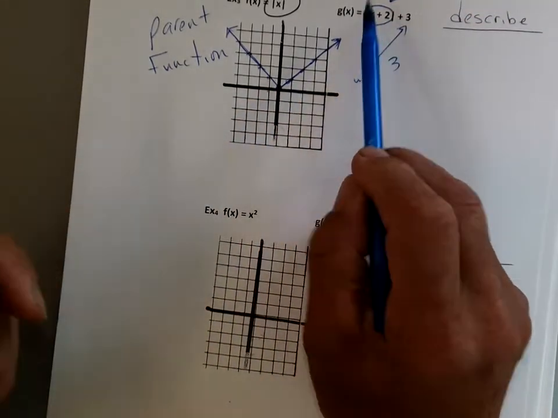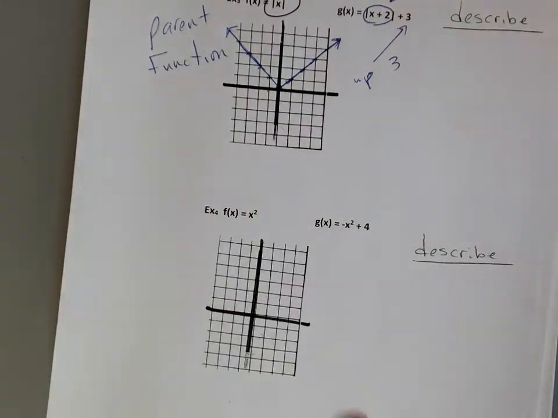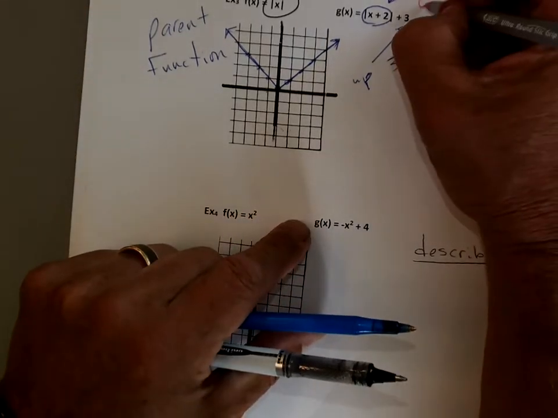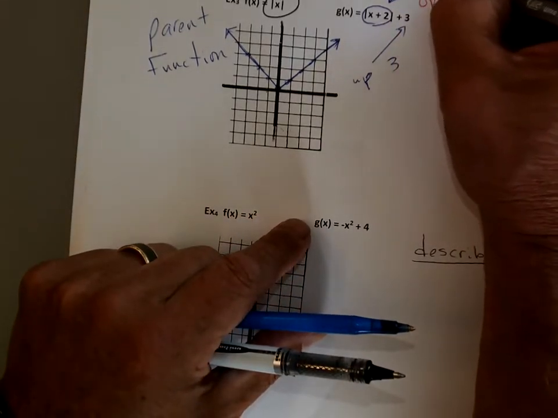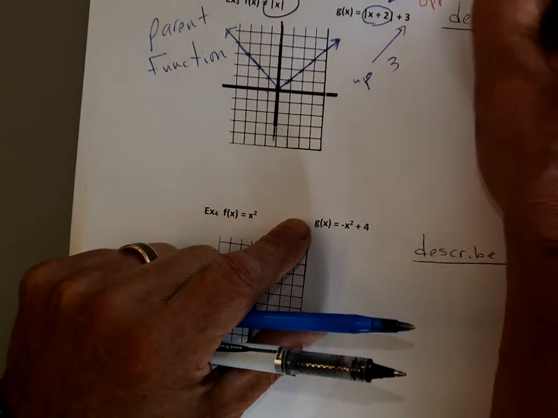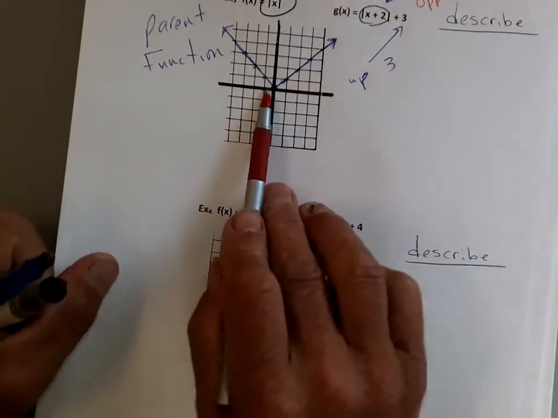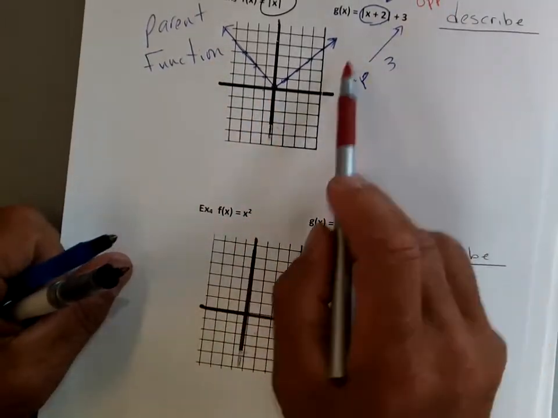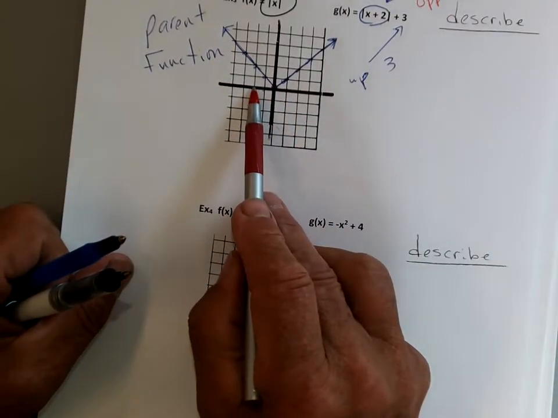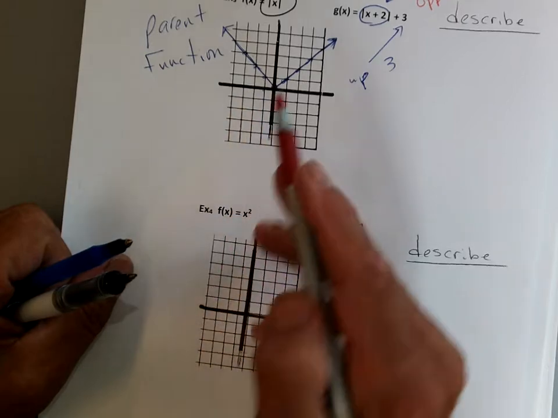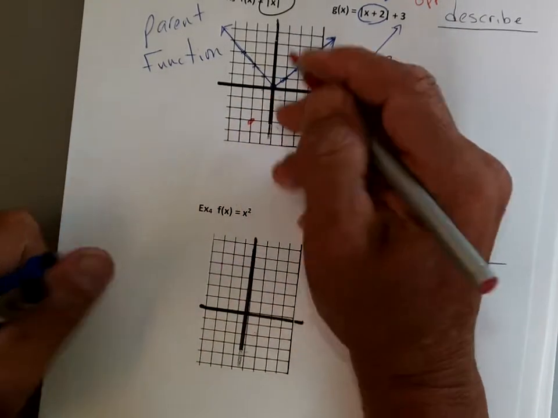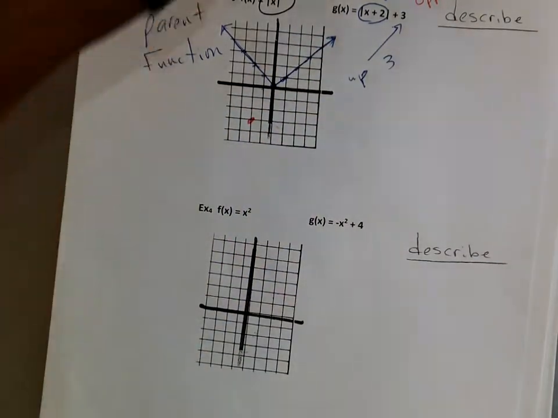It's always, always, always the opposite on the inside. So let's take my parent function and move it back 2 and up 3. It goes right there. Okay, cool. There it is, and then let's graph that.